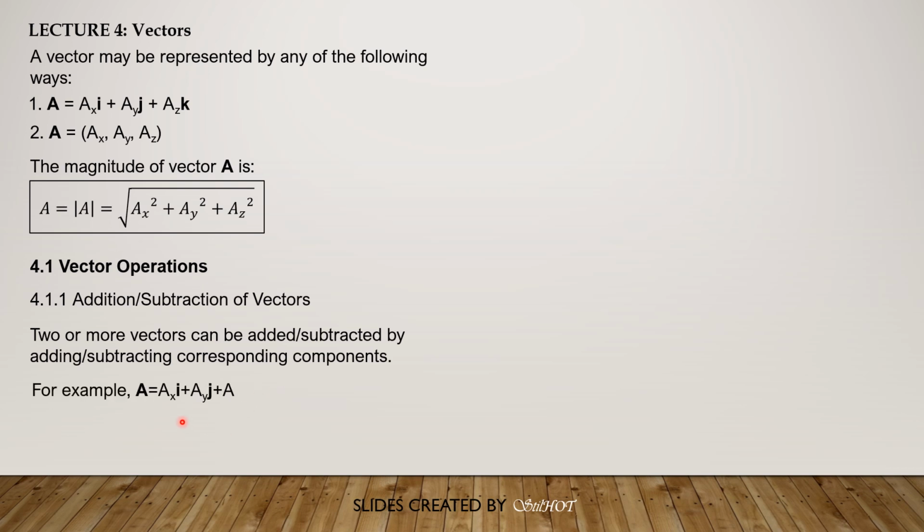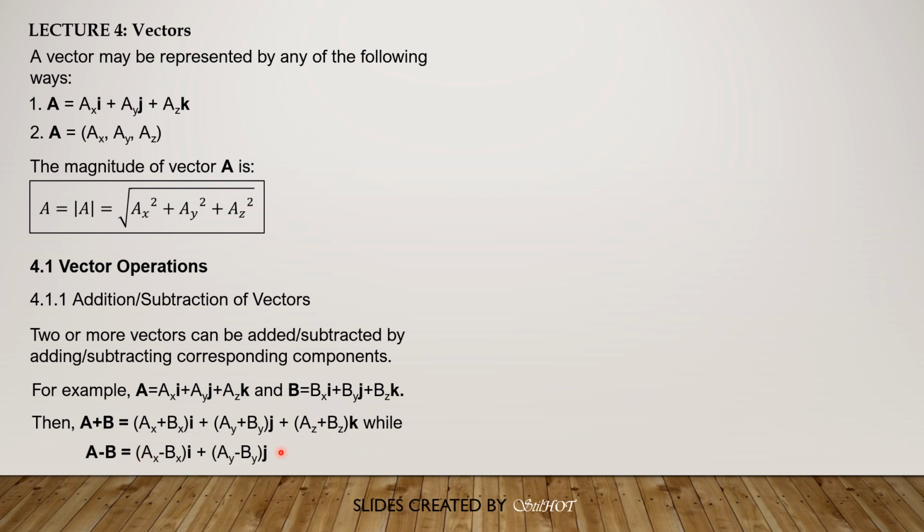So for example, if vector A is given by this expression, vector B is given by that expression, then A plus or minus B is the quantity (ax plus or minus bx) i, then the quantity (ay plus or minus by) j, then the quantity (az plus or minus bz) k. In this case, we have A minus B, and it is the difference of corresponding components.